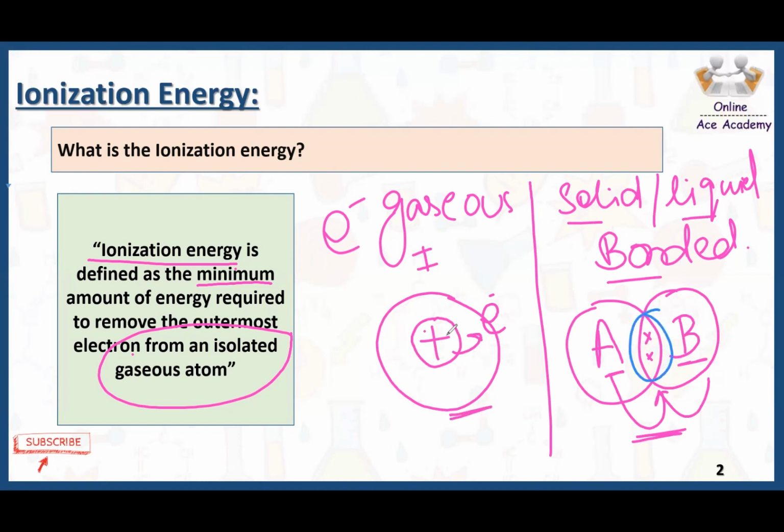This is why the ionization energy we require to remove these two electrons from the bonded atom is much more as compared to removing an electron from this single gaseous atom. So we are unable to provide this much higher ionization energy to remove electrons from the bonded atom. That is why we always consider ionization energy for an isolated gaseous atom.